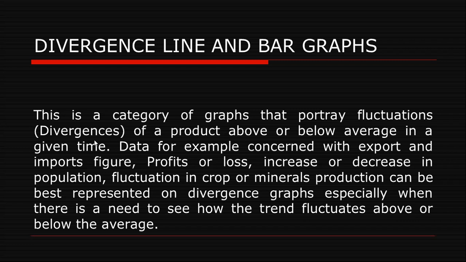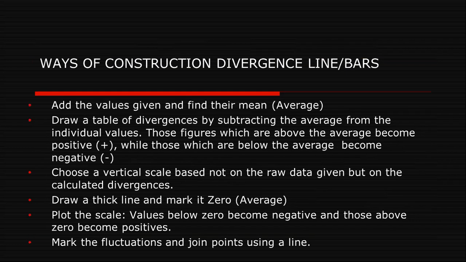Now let's try to go through one of the examples. For example, how do we construct a divergent line graph or bar graph? Please, I want you students to be very keen. For you to be able to understand and be able to draw these graphs, you must know the ways of construction.